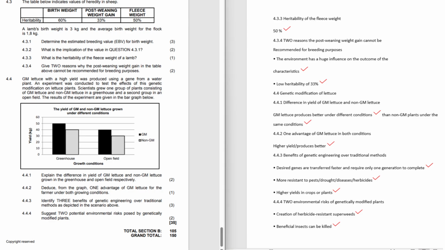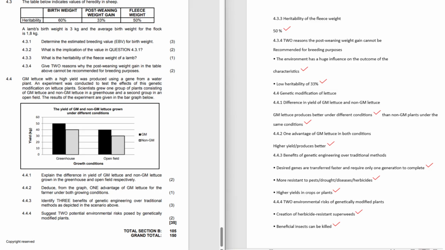Scientists grew one group of plants consisting of GM lettuce and non-GM lettuce in a greenhouse, and a second group in an open field. The results of the experiment are given in the bar graph below.